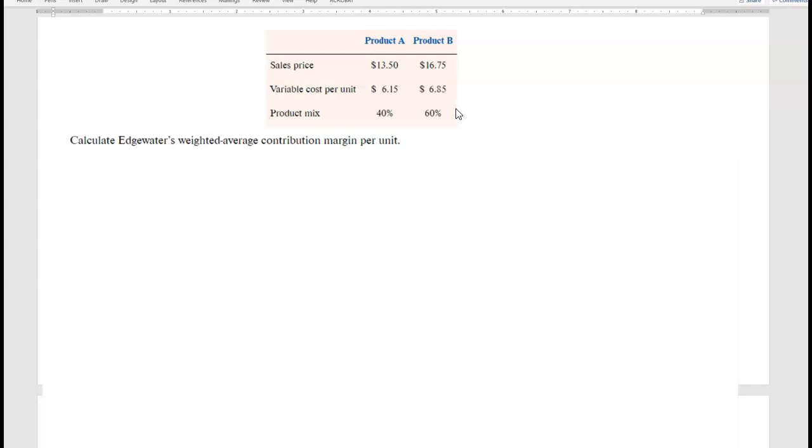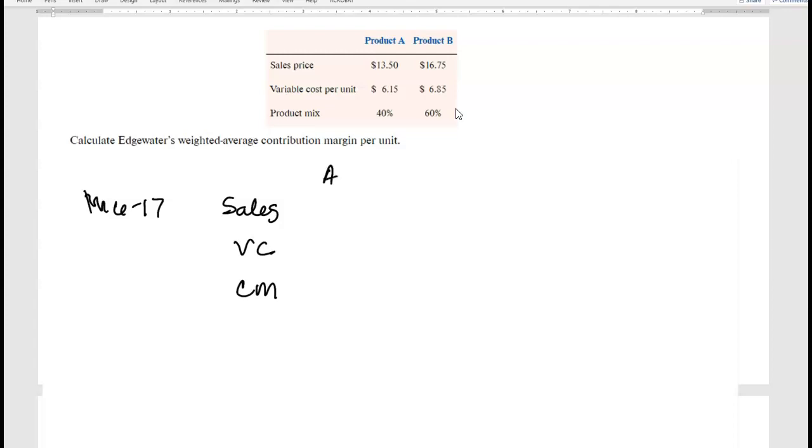So we still do the same thing. This is M6-17, and we're going to set it up sales minus variable cost equals contribution margin.